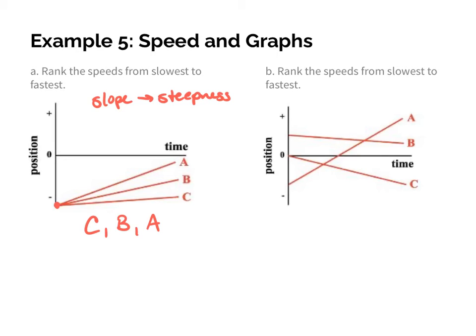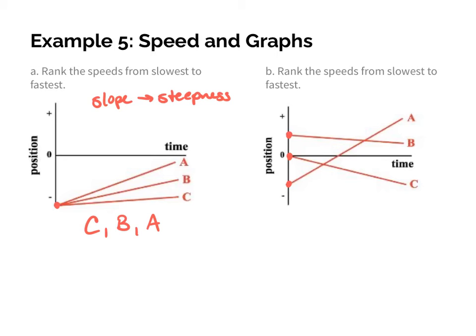Now B, a little bit sassier, because we have not only lines going in different directions and starting at different spots, we also have some lines going up and down. So a couple of things here, folks. The starting point does not matter. I've got one starting here, one starting here, one starting here.